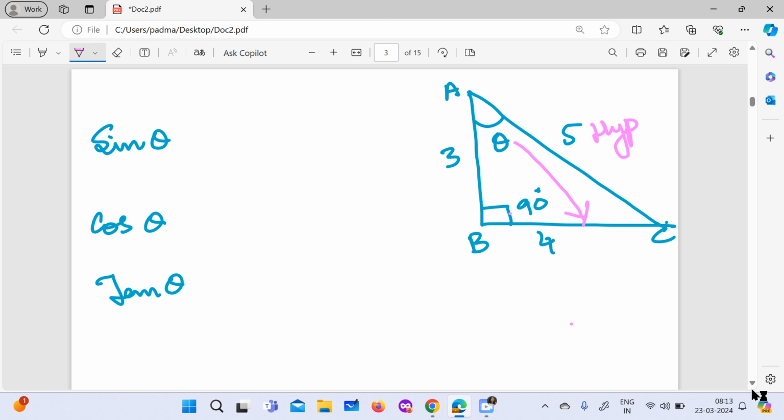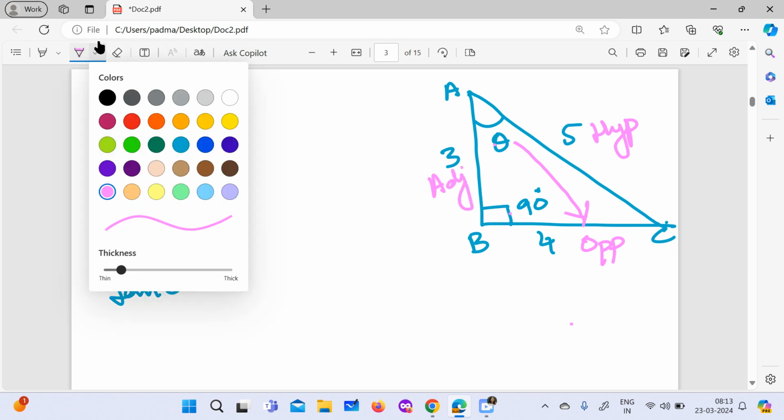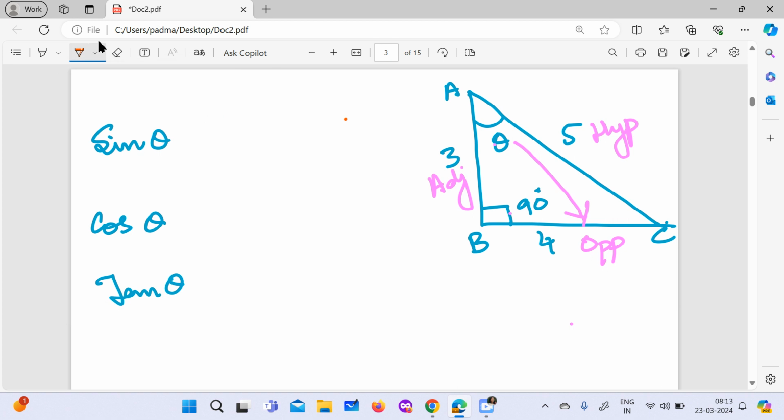So opposite to this theta is this line BC, and adjacent to theta is this AB. Okay. Now we will mark our trigonometric ratios. Let me write the values. So you remember, sine is opposite upon hypotenuse, cos is adjacent upon hypotenuse, and tan is opposite upon adjacent.